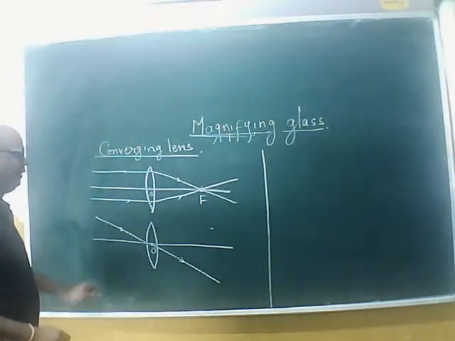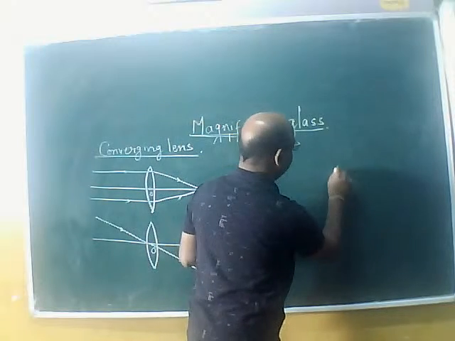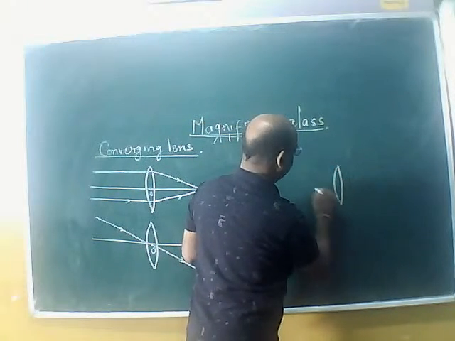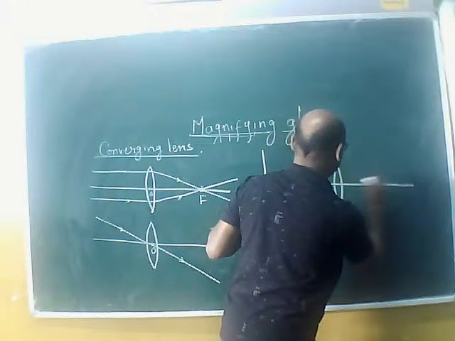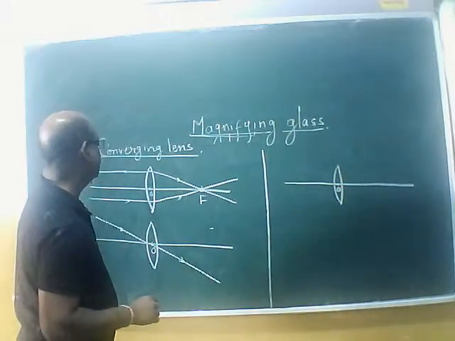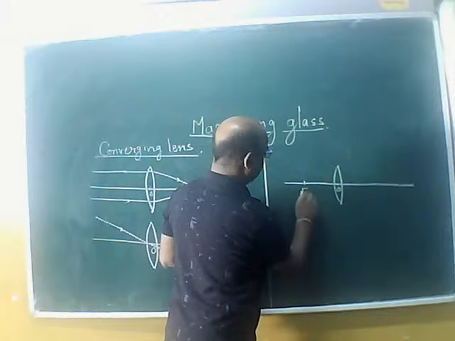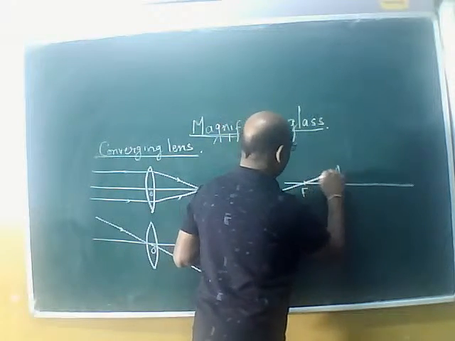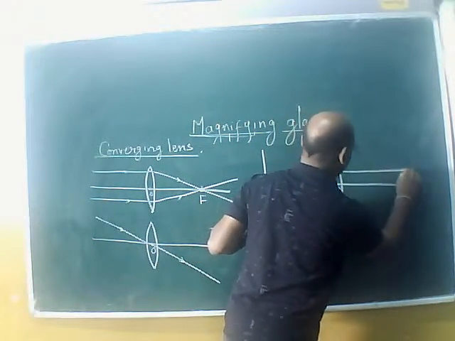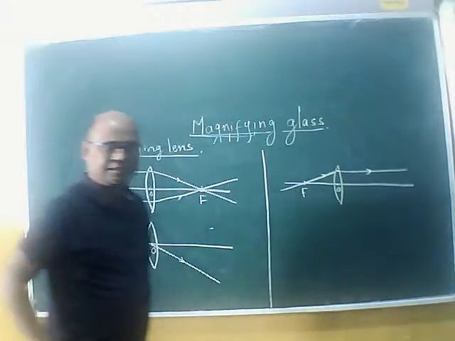And the third is, if the rays pass through the focus, they will go parallel to the principal axis.